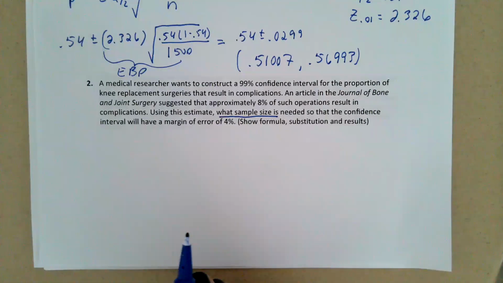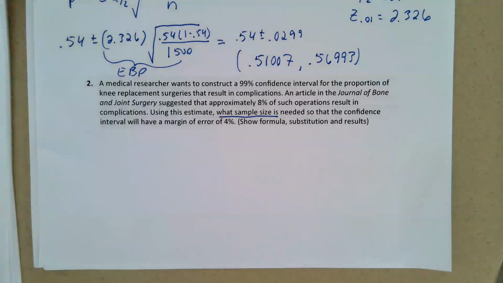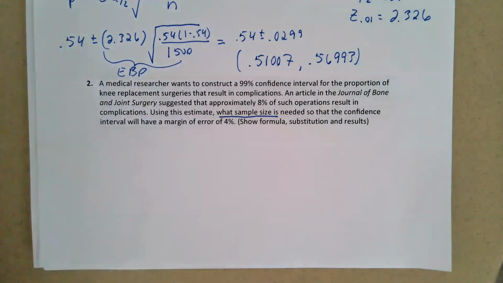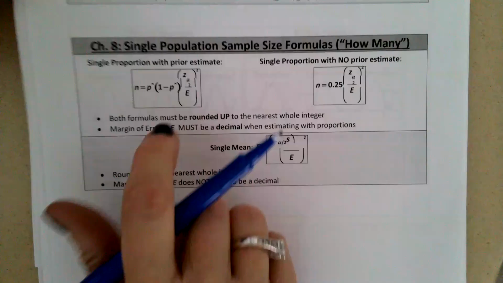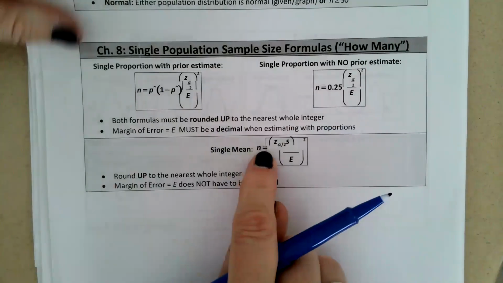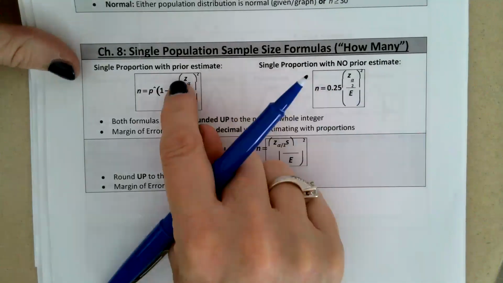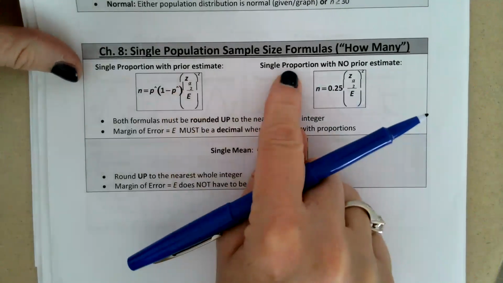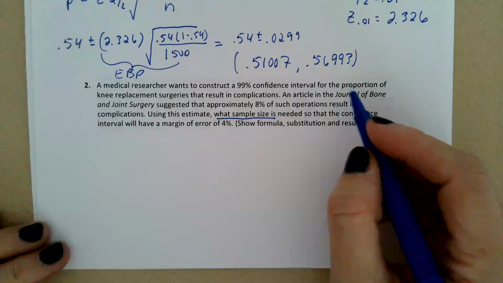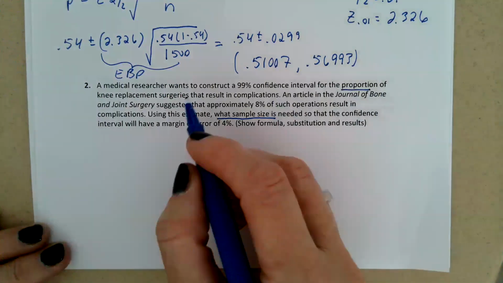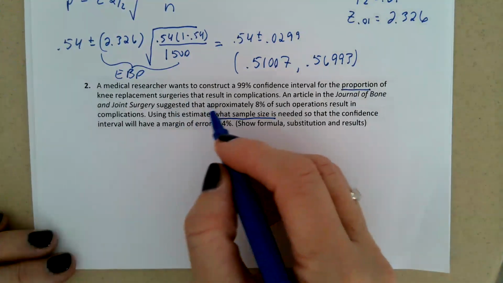So we need to go to our formula packet or to your note sheet, but our formula packet has the formula for sample size, and we're dealing with proportions, so there's two to choose from. One is when we have a prior estimate, and one is when we do not. So this is proportions, and it does say that they have a suggested value.